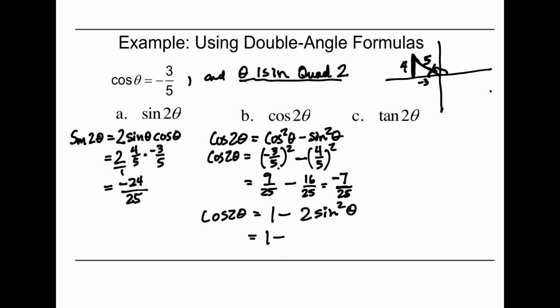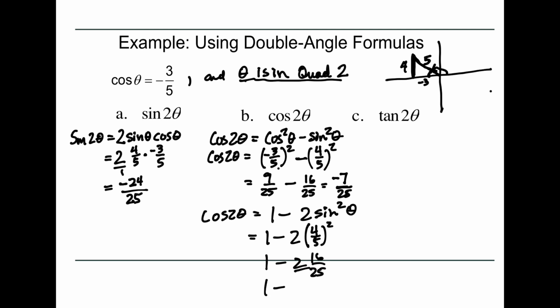This would be 1 minus twice, and sine of theta was 4/5, and we're going to square that. So this would be 1 minus twice 16 over 25, 4 squared and 5 squared.